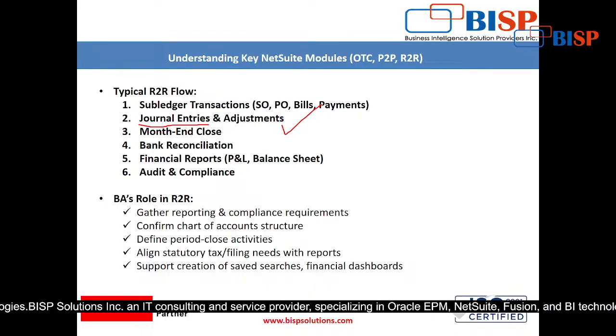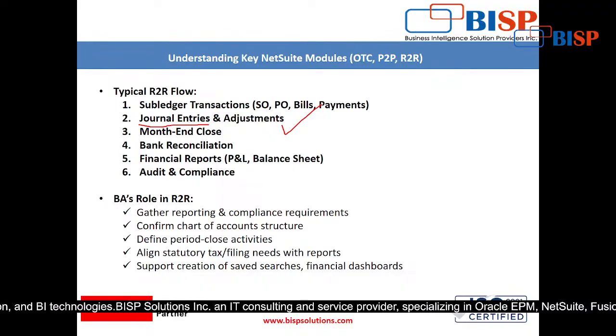Same thing is here. Journal entries are done, but for some adjustment purposes, reverse journal entries are also created, right? So that is the part of accounting in depth, right? The business analyst does not need to do lots of work on this, because the business analyst's task is to understand the process and complete the process within the given time.